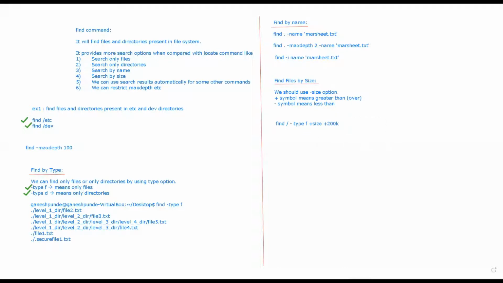If you want to search by size, you can use the hyphen size option. By using plus and minus, you can specify greater than and less than for the size option.